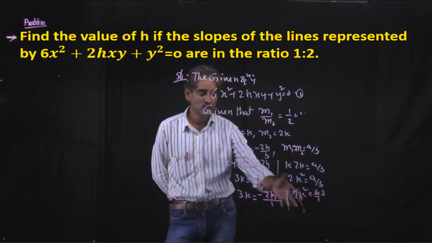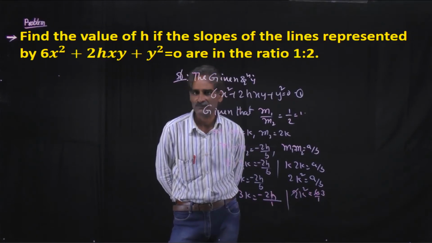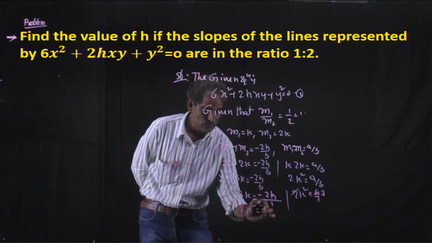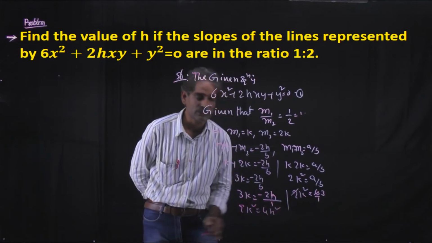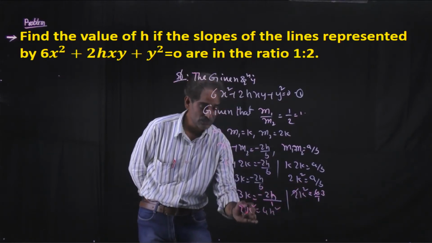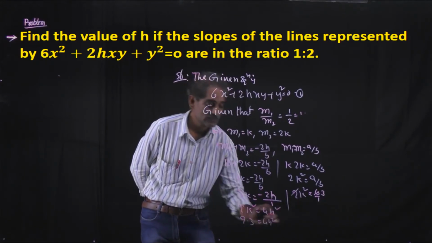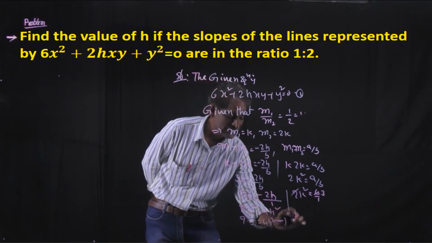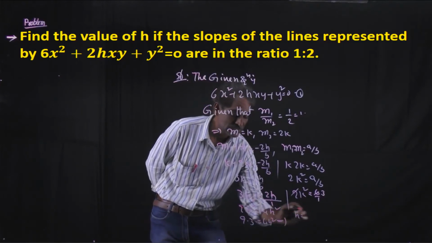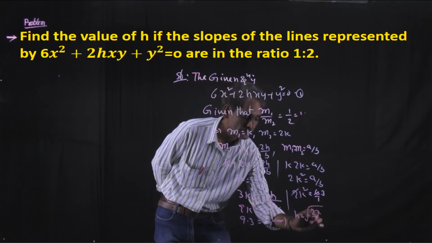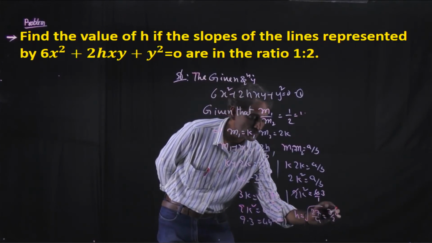Just from these two equations eliminate k. Squaring this also, 9k square is equal to 4h square. K square equal to 3, just substitute here. 9 into 3 is equal to 4h square. Understand? So h is equal to root of 27 by 4, that means 3 by 2 root 3.